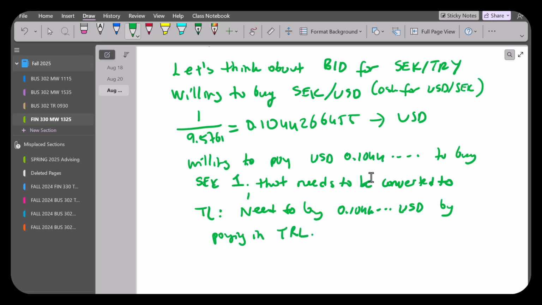Now, which price do I use to convert that? I'm buying the dollars, so I need to pay the ask price of US dollar Turkish lira trade, right?